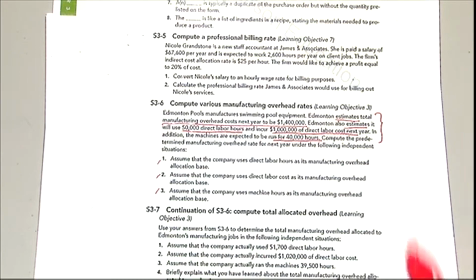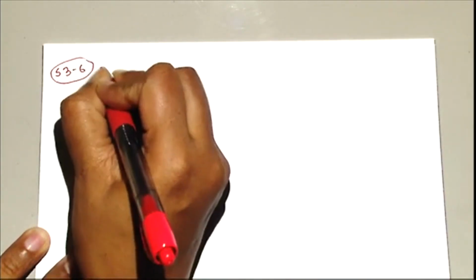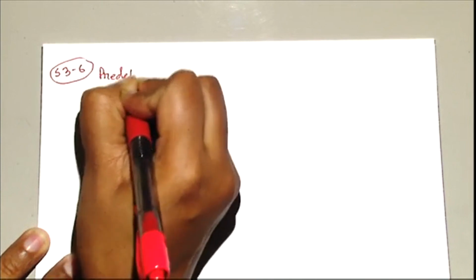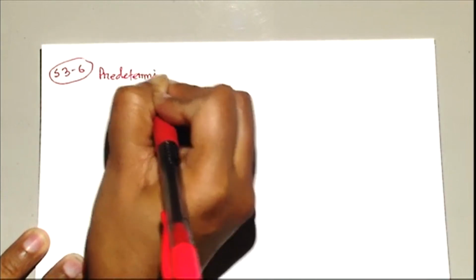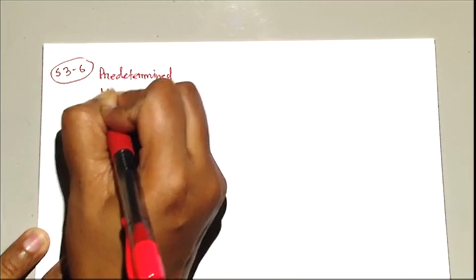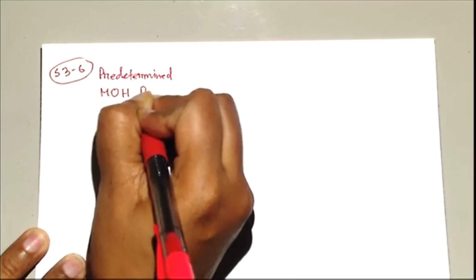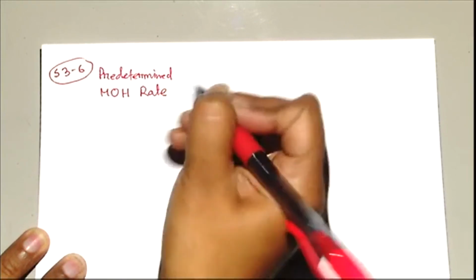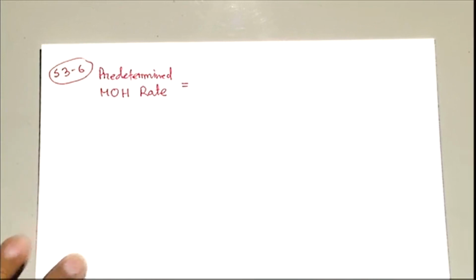So let's try to do it. You know the formula. I'm writing it because I just want to make sure you can remember it while you are in class. So everyone, please try to do it. We are going to calculate our predetermined manufacturing overhead rate. MOH stands for manufacturing overhead.